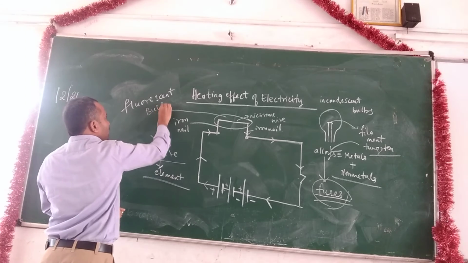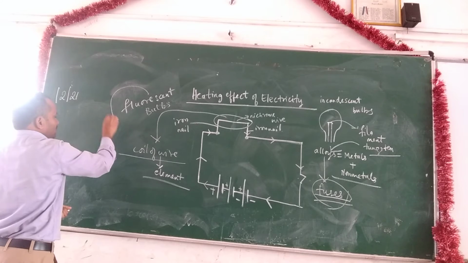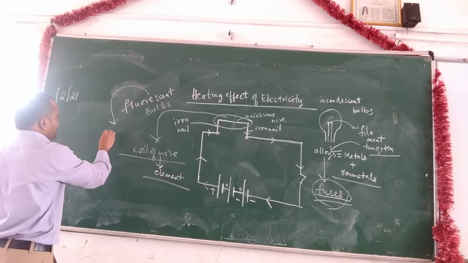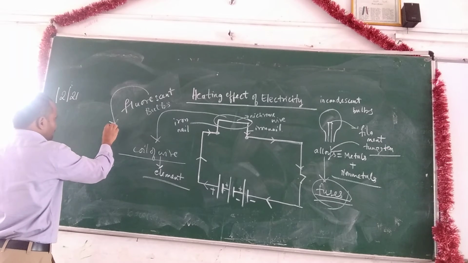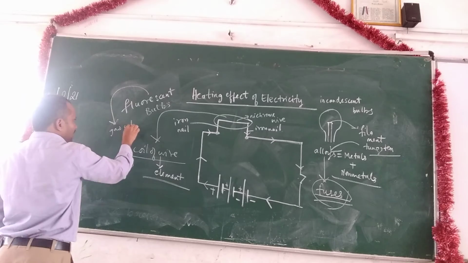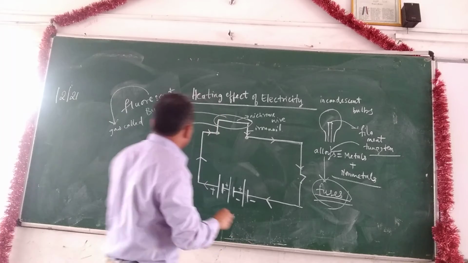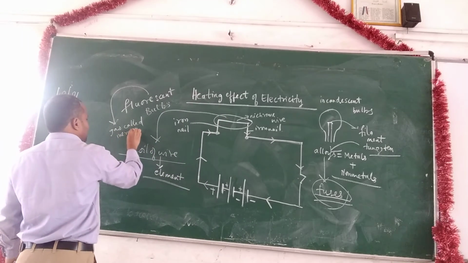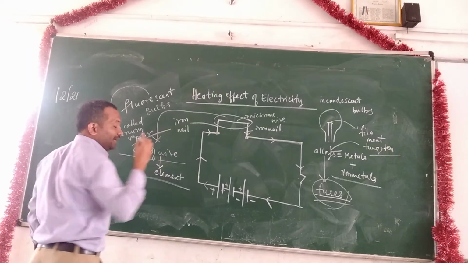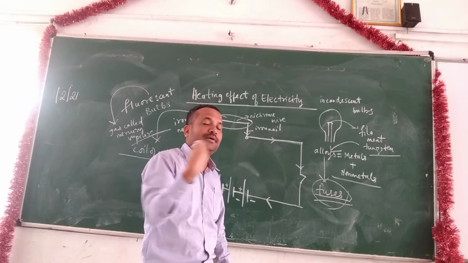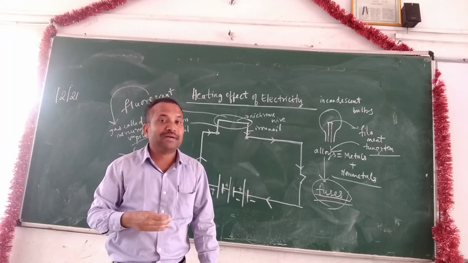In these fluorescent bulbs, children, we have a gas called mercury vapor, which is very toxic, very dangerous to us and to our environment also. Then we started using fluorescent tubelights.